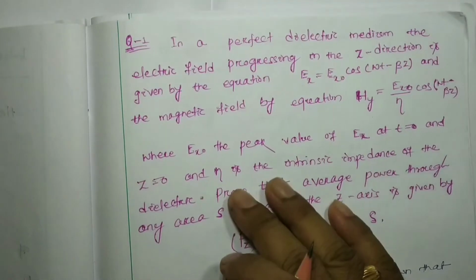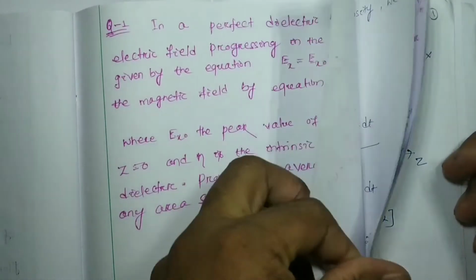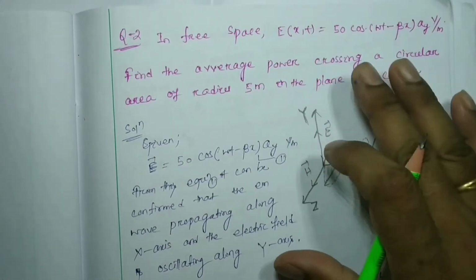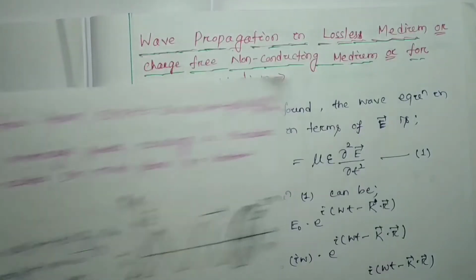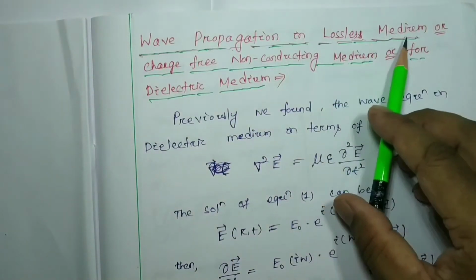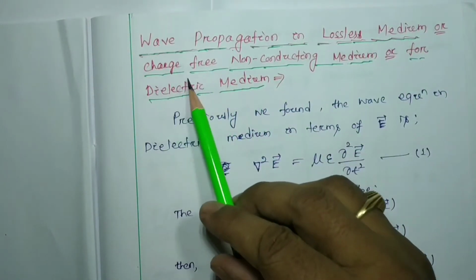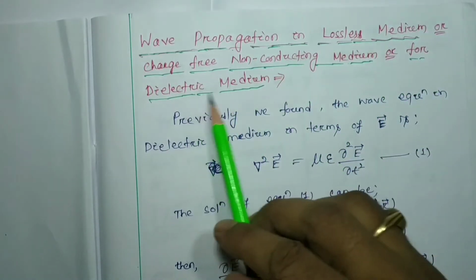Here one problem is there regarding Poynting theorem, and another problem is here. These two problems we are going to discuss in some other class. In today's class, we are going to discuss wave propagation in lossless medium, or you can say charge-free non-conducting medium, or dielectric medium.